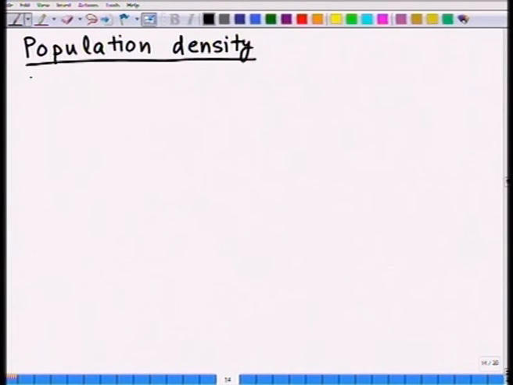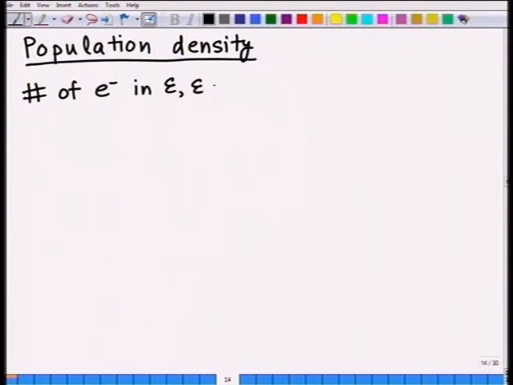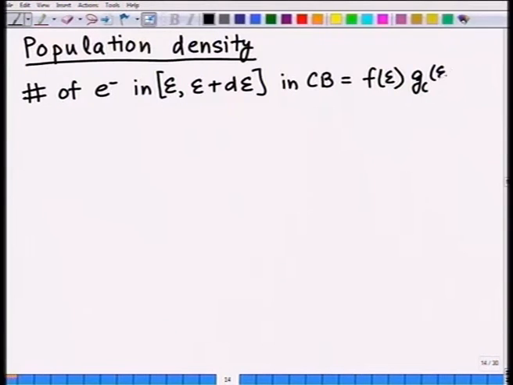Now remember, this n, if you wish, I can write it as the number of electrons in the E to E plus dE range in the conduction band, which is going to be equal to F of E times G of E dE.